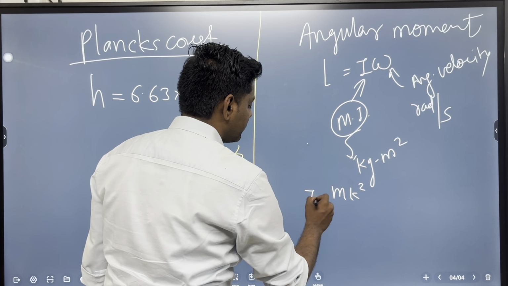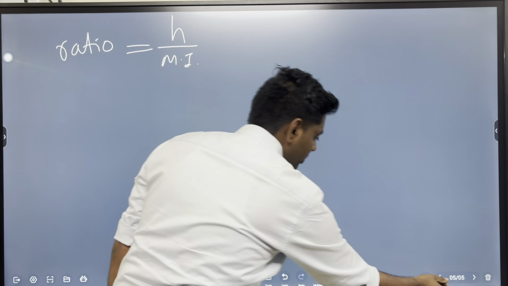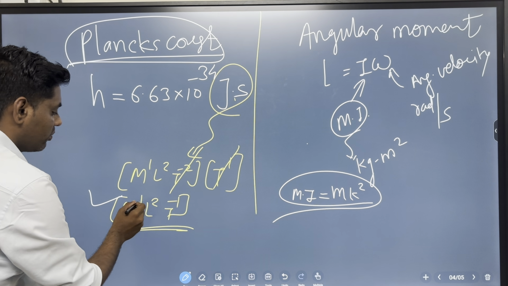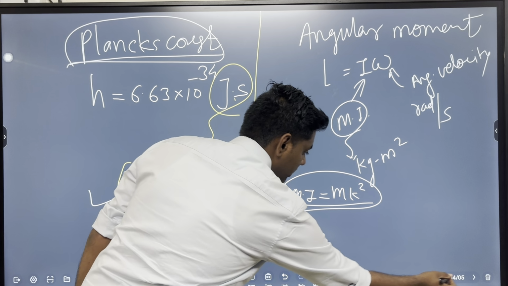In Karnataka CET, they asked one question. The question is, what is the ratio of Planck constant divided by moment of inertia? We already calculated the dimensional formula for the Planck constant, M1 L2 T minus 1.